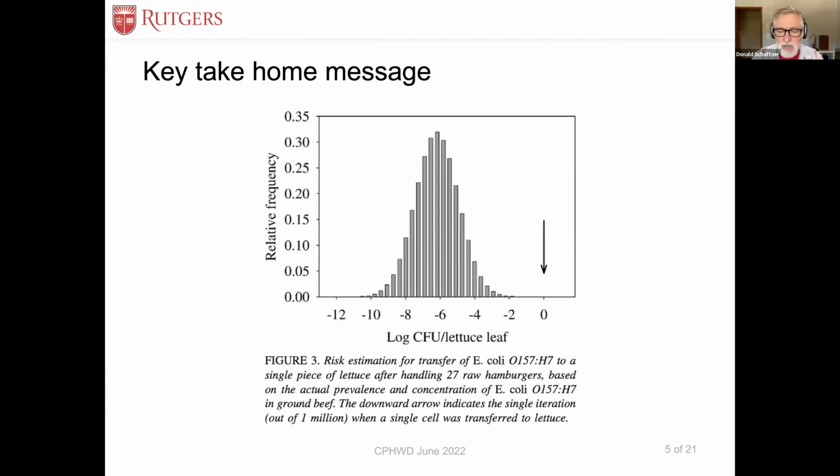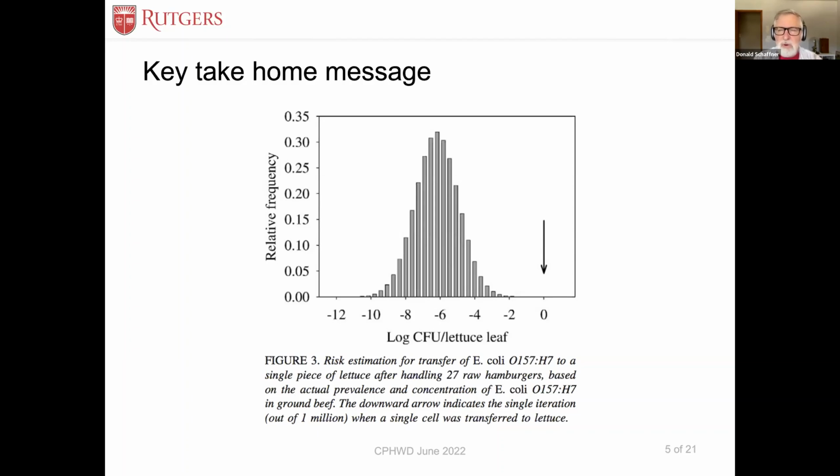And the answer is actually surprisingly low. It's on the order of about 1 in a million. And so if you have people handling burgers and you have them making salads, you would never detect a single E. coli until you did that about 1 million times, which said that the risk was actually relatively low.